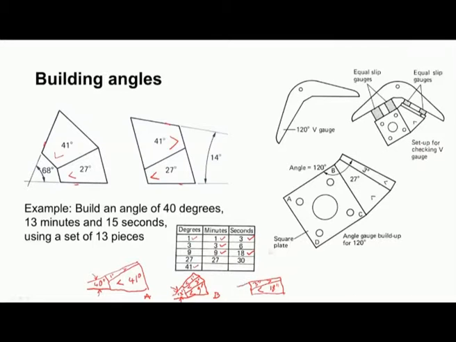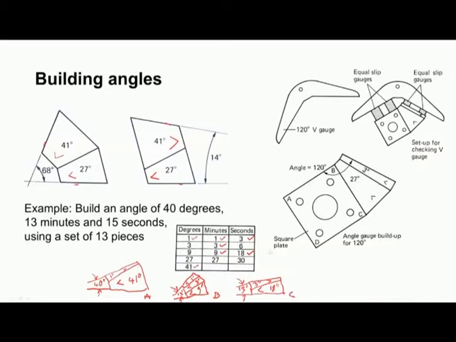Seconds. So, this angle becomes 15 seconds. Say this is a combination.